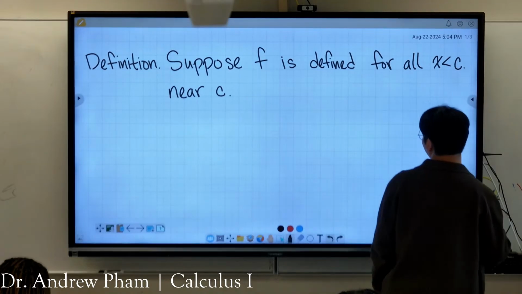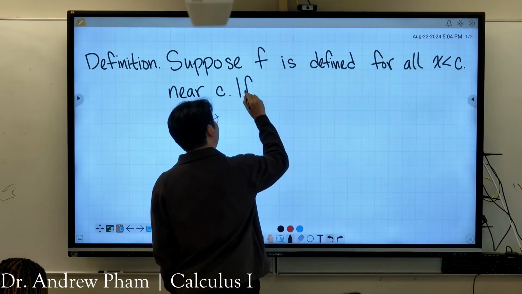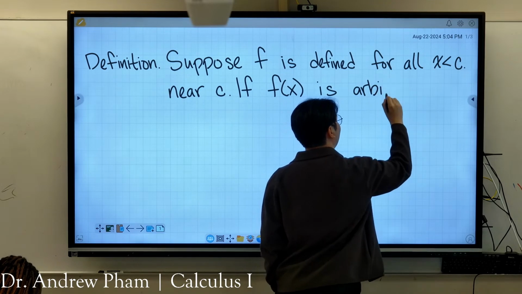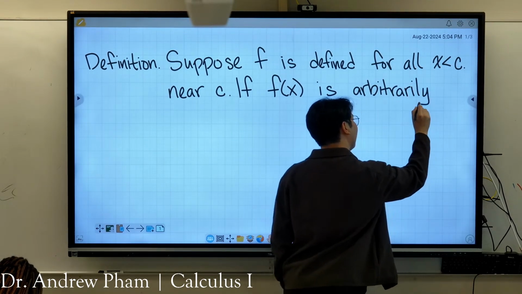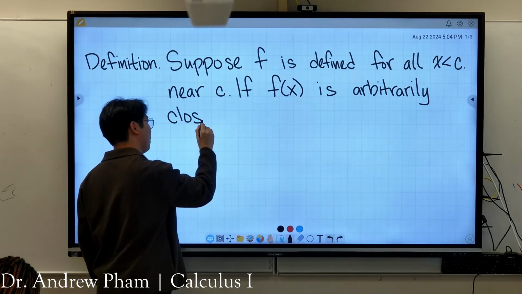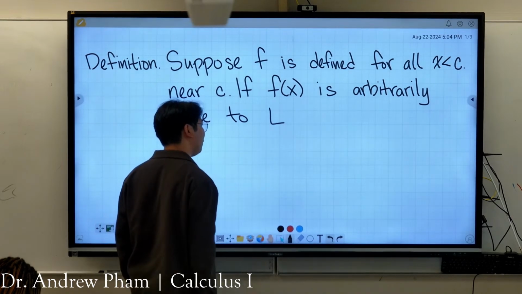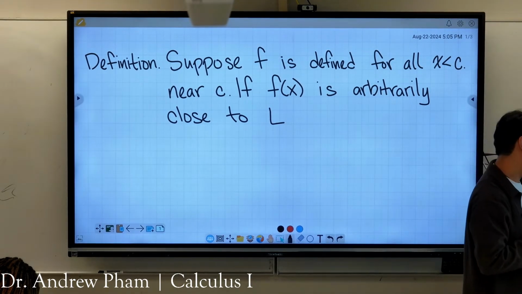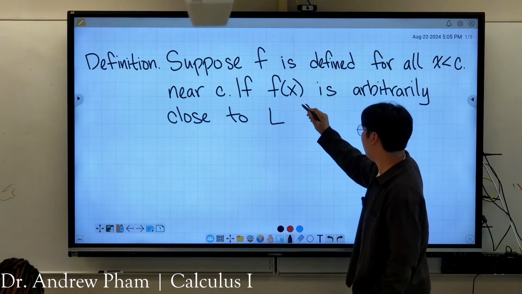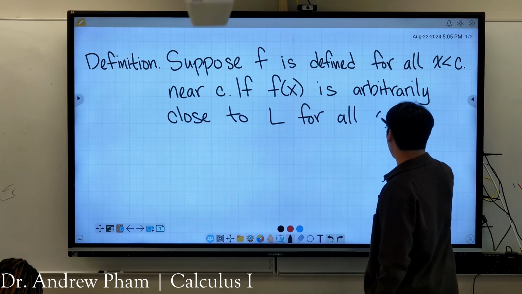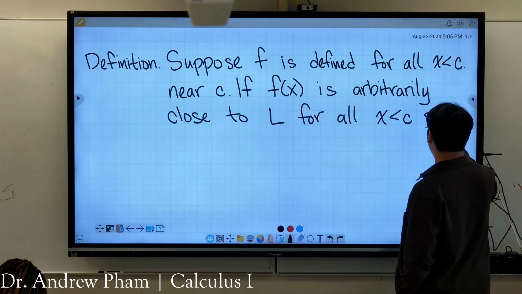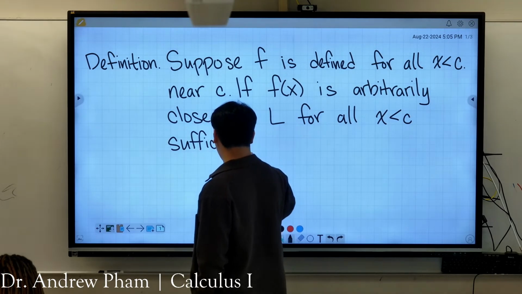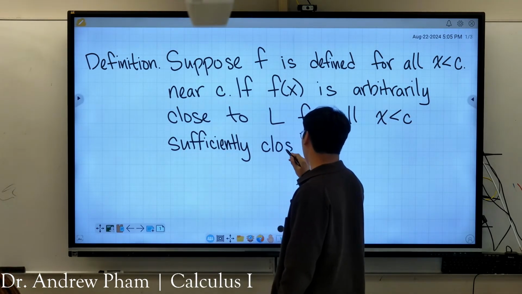So suppose I have this function, and we have that f of x is arbitrarily close to some value L. So looking at my y value, we're arbitrarily close to L, again for all x less than c, sufficiently close to c.